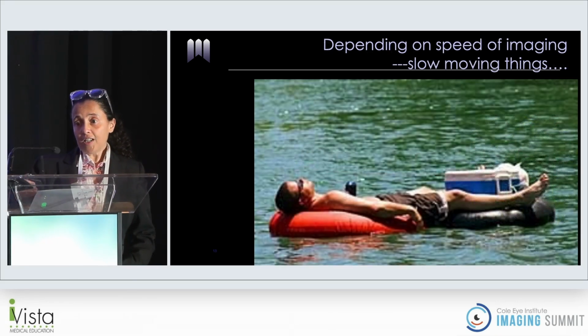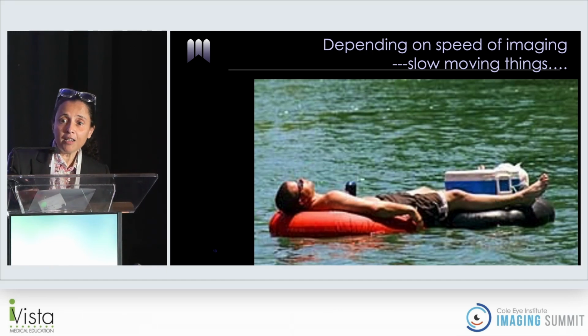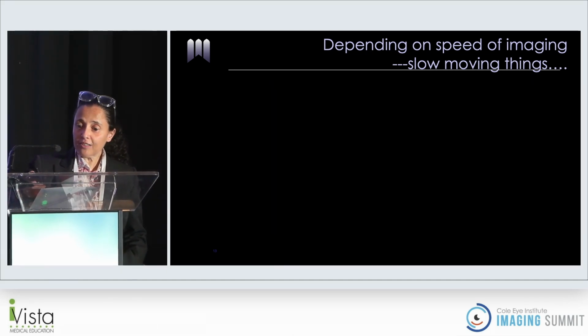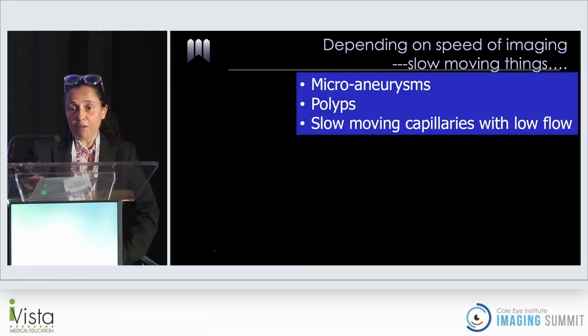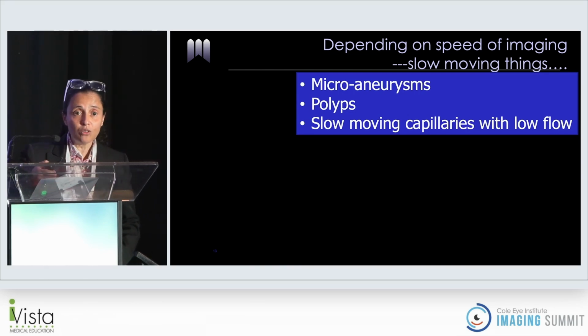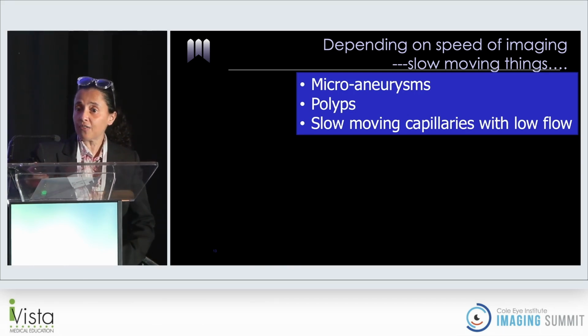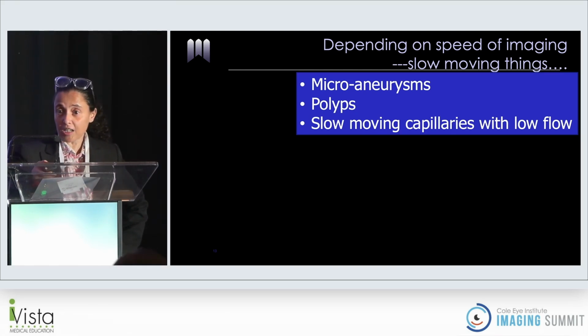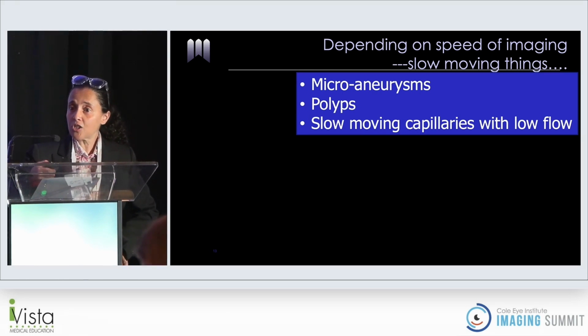And so if it's 3 milliseconds apart and something's moving really slowly, like this guy who's floating on his floaties, then if you do the subtraction, these kinds of things disappear. So microaneurysms on an OCT angiogram, you could see anywhere from 40–60% of the microaneurysms, so not all of them will be visible.